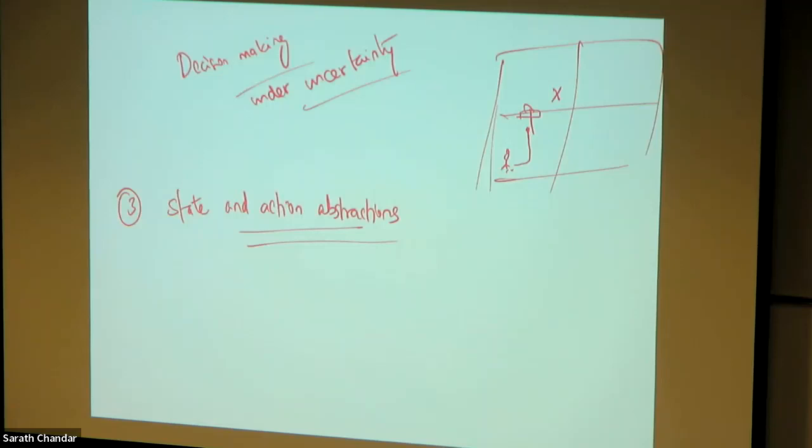If you're going very low level, to move 20 degrees, you might require more actions. To move from here to the door, probably you require 1,000 actions. Now that is not a way to scale these algorithms, because you're unnecessarily making the problem harder. Sometimes thinking at low level is hard.